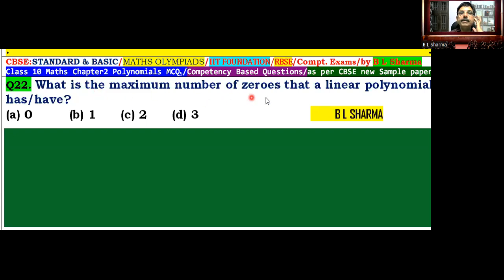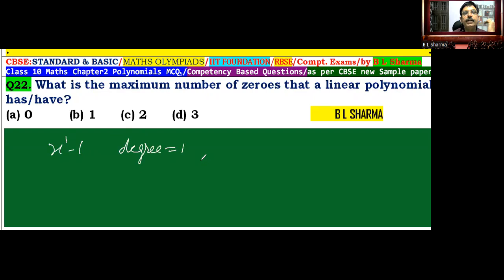What is the maximum number of zeros that a linear polynomial can have? देखिए the degree of the linear polynomial, you can take example x minus 1, that is a linear polynomial, and its highest power of the variable is 1.